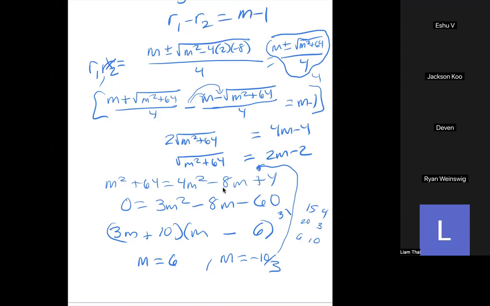Wait, Miss Jensen? Yeah. Can't root 2 minus root 1 also be m minus 1 though? Where are you getting root 2 and root 1? Because you have m plus root m squared plus 64 and then m minus root m squared plus 64. Couldn't you have the negative one first?